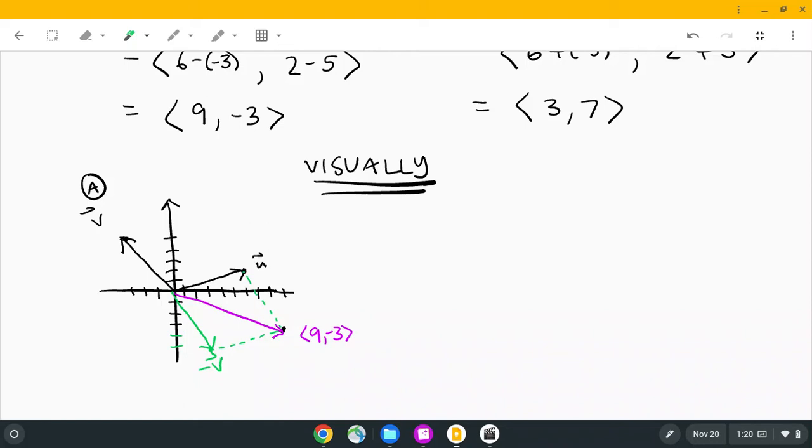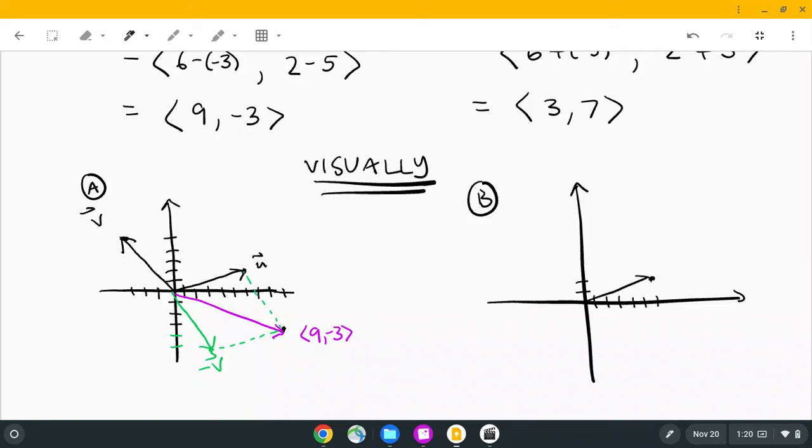And when we do it for u plus v, we get the same sort of thing. So let me go ahead and draw the two vectors again here. We have 6, 2, 1, 2, 3, 4, 5, 6, 1, 2. So that's vector u. And negative 3, 5, 1, 2, 3, 1, 2, 3, 4, 5.